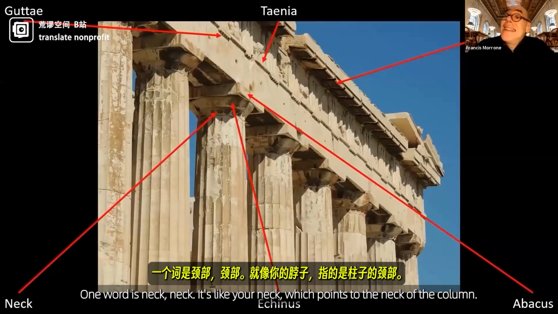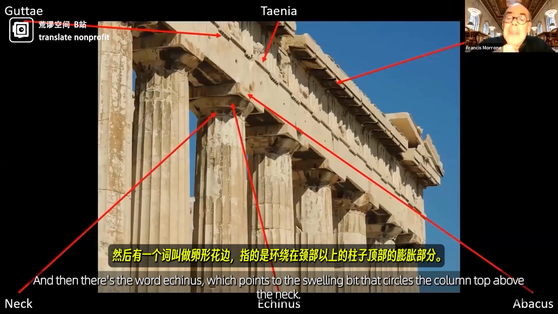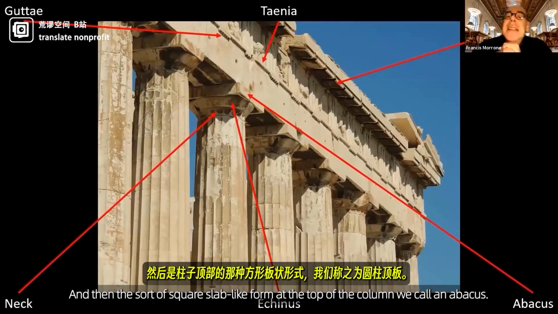One word is neck, like your neck, which points to the neck of the column. And then there's the word echinus, which points to the swelling bit that circles the column top above the neck, and then the square slab-like form at the top of the column we call an abacus.